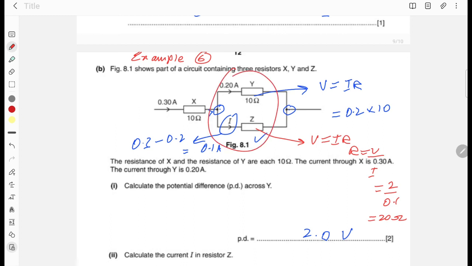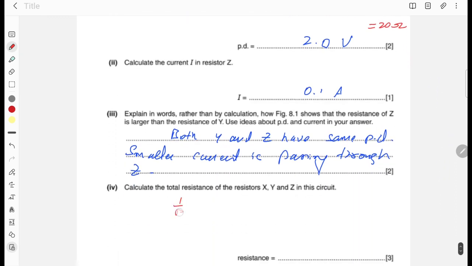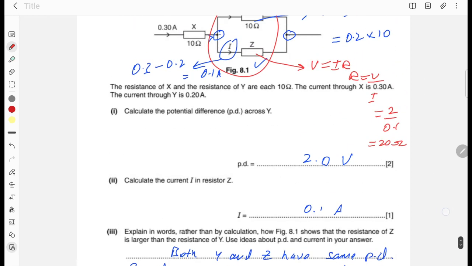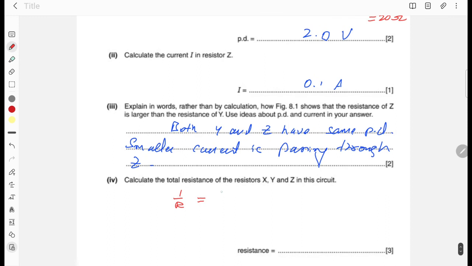First of all, you have to solve these two, which are connected in parallel. So 1 over R equals 1 over 10 plus 1 over 20. If you take the LCM, this will be 3 over 20.